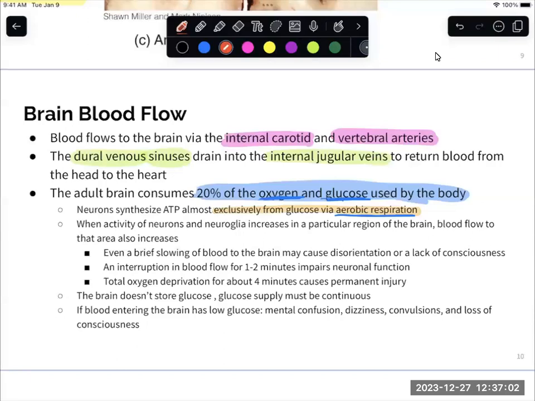An interruption for 1 to 2 minutes can stop neuron function. And total oxygen deprivation, so losing complete oxygen to a certain area, it only takes 4 minutes to cause permanent injury. That's not a lot of time.